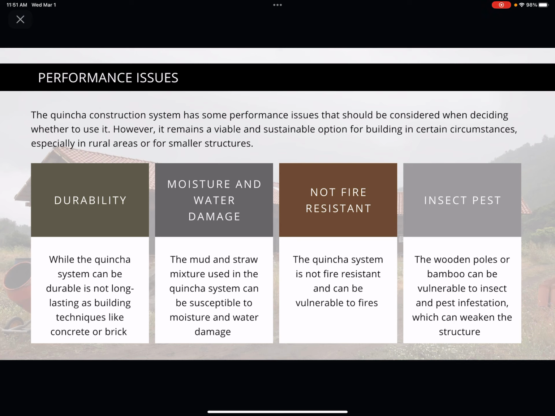Moisture and water damage can be an issue because moisture can damage the mat or the construction in general. This construction system is not fire resistant, and the bamboo and the wood can also be vulnerable to insects. This pest infestation can weaken the structure.